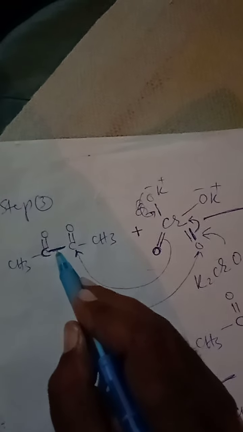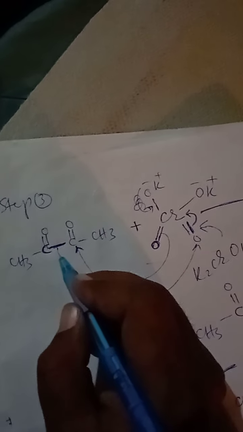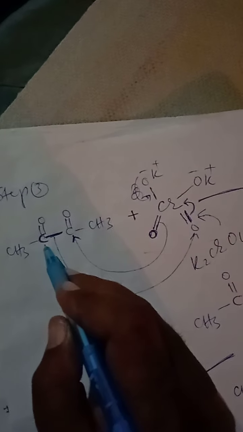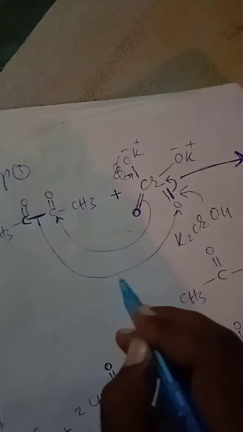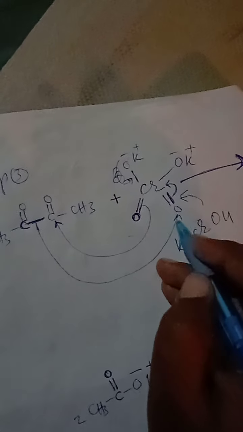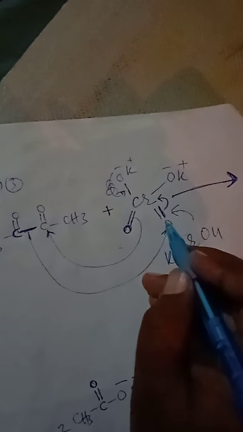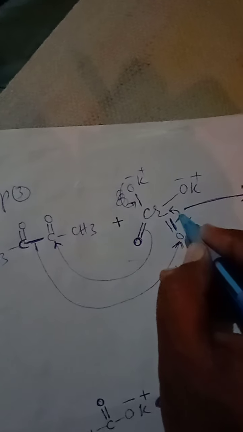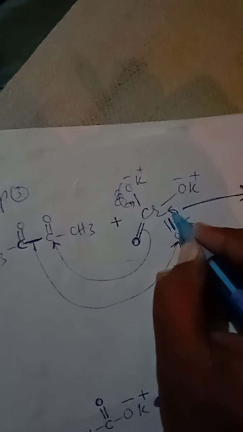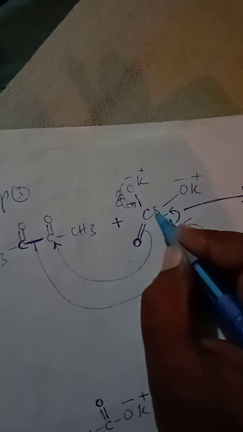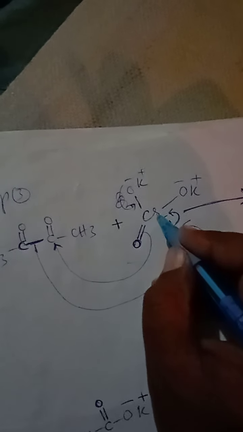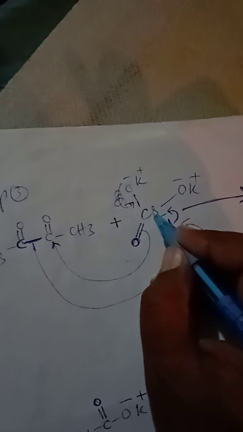bond of the two carbonyl groups becomes shifted on one of the carbonyl groups, and attacks this oxygen of the oxidizing agent, and the pi electrons of the oxygen chromium double bond shift and are gained by the Cr.